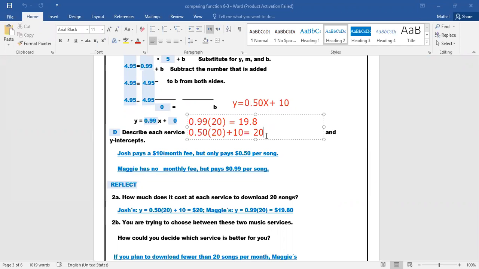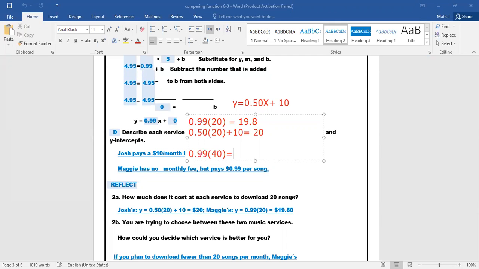But if you want to download more than 20, which one will be better? Let's check with, for example, 40. Could you please calculate and tell me? 0.99 times 40.